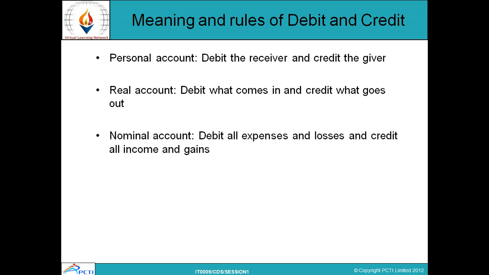So who is the giver over here? Receiver is the company. Who is the giver? Mr. A or Mr. B or Mr. C or Mr. D. In our case, we have taken an example of Mr. Chopra. So here we will say Mr. Chopra is the giver. So Mr. Chopra's account will be credited.